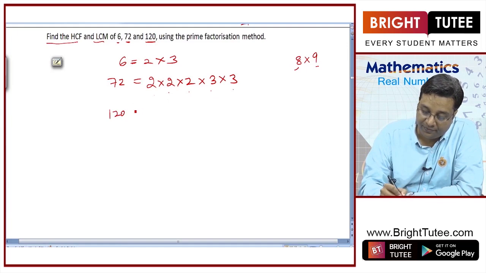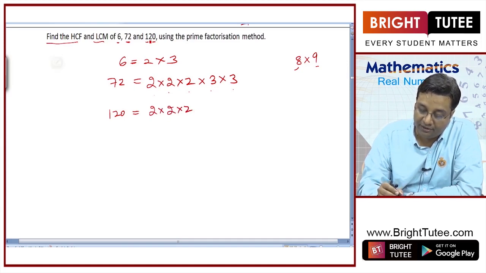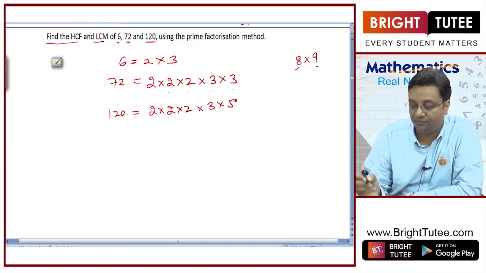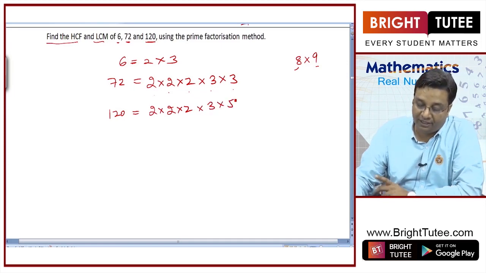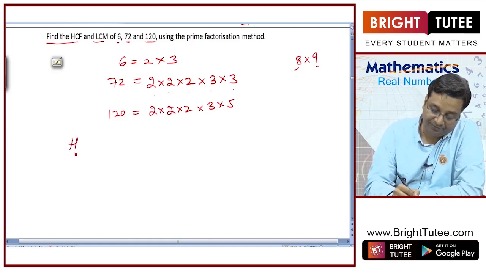120 can be factorized like 2 into 2 into 2 will give you 8, 15. Now 15 is left, so 3 into 5. So this is the prime factorization of all three numbers. Now I have to find HCF and LCM.